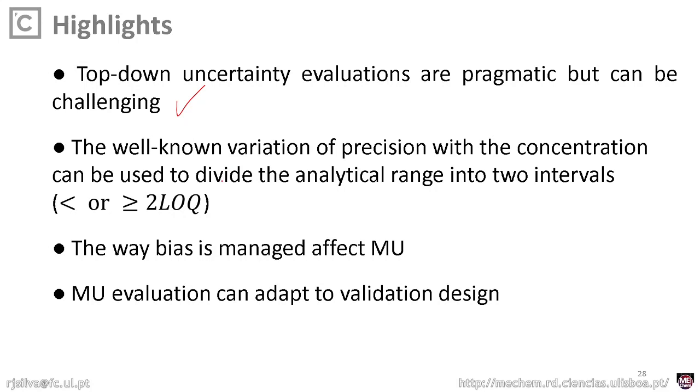Typically, you divide your analytical range in intervals below and above 2 LOQ. The way you manage bias affects your measurement uncertainty and, of course, measurement traceability, but that's another discussion. And you can adapt your uncertainty evaluation to the available validation design.